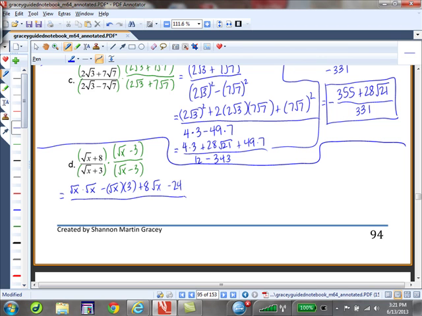And then we'll have root x squared minus 3 squared for our difference of squares situation. All right, so then the numerator will have x. Negative 3 root x's plus 8 root x's will give us 5 root x's. And then minus 24 over x minus 9, and we're done.